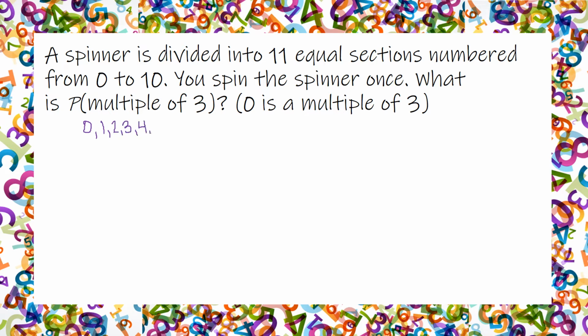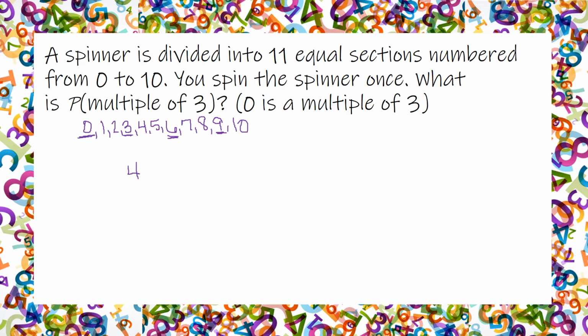So I'm going to write out all of the numbers between 0 and 10. And then I'm going to underline the multiples of 3. I've got 0, I have 3, I have 6, and I have 9.